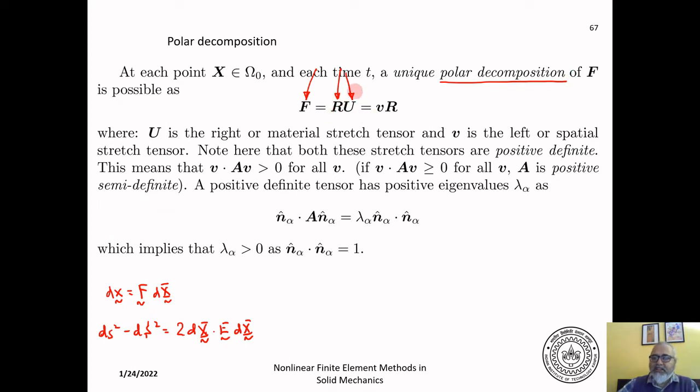These two tensors are special. R is a proper orthogonal tensor, so it represents a pure rotation, and U is a positive definite tensor, which means that all the eigenvalues of U are positive.